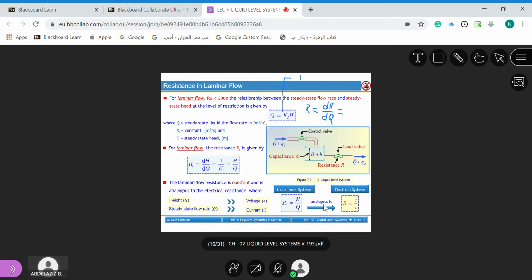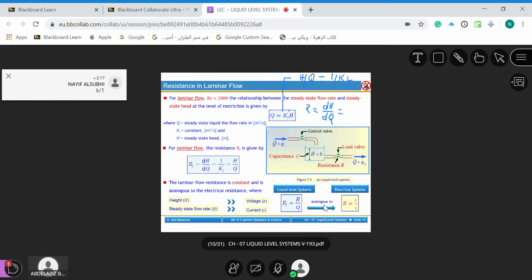What will be H over Q? From this relation, H over Q will be equal to what? 1 over KL. 1 over KL from this relation.